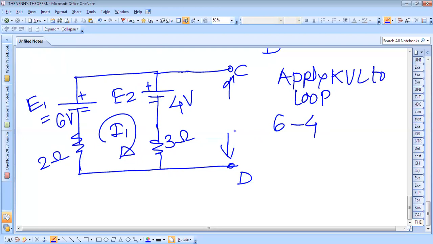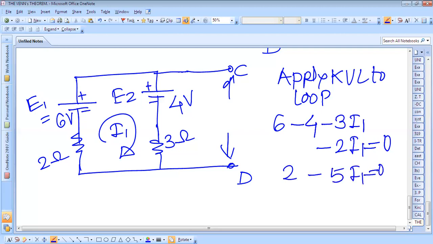Again there is a fall in voltage, so it is minus 3 I1, and again a fall in voltage, therefore minus 2 I1, and this is equal to 0. Therefore we can write 6 minus 4, which is 2, minus 5 I1 is equal to 0.